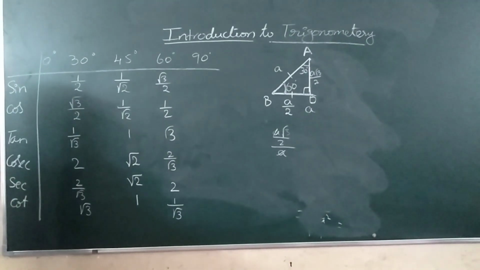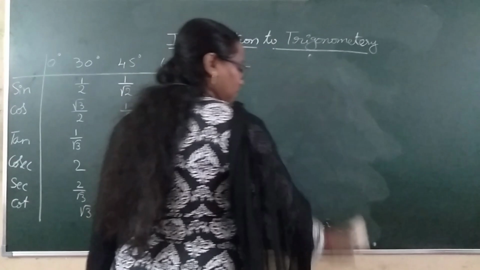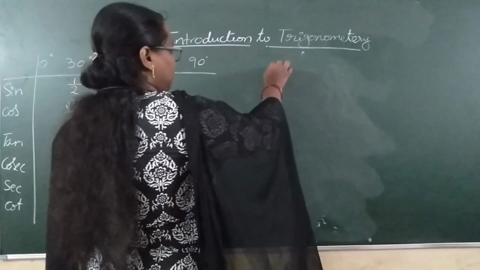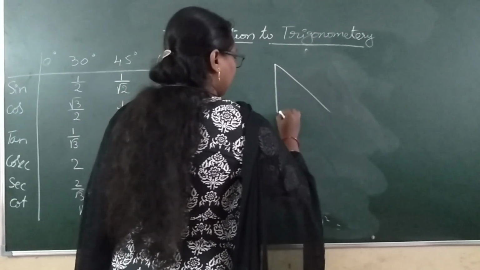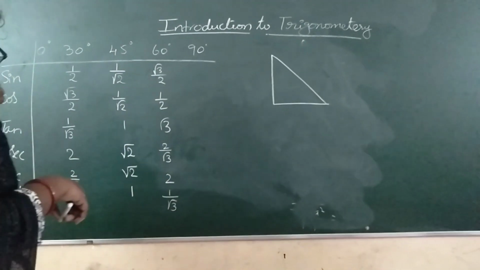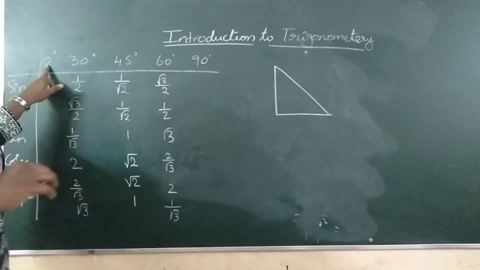Next. Now coming to the remaining two angles. How will it look? Now clearly observe. This is 0 degree angle. This is a right angle triangle. Clear? Now 0 degree. What is the meaning of 0 degree?